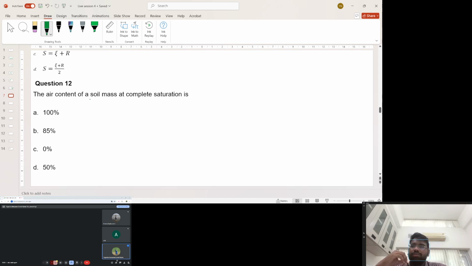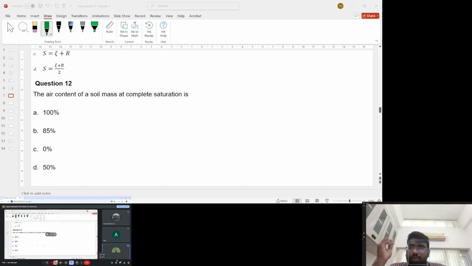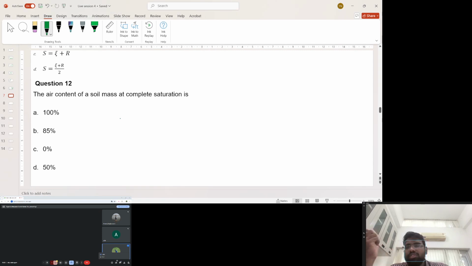Coming to the next question: the air content of a soil mass at complete saturation is. Complete saturation means all the voids are completely filled with water, so there is no place for air to exist.